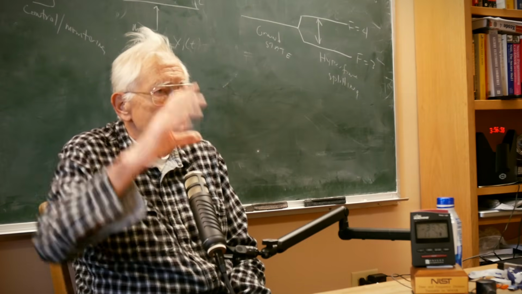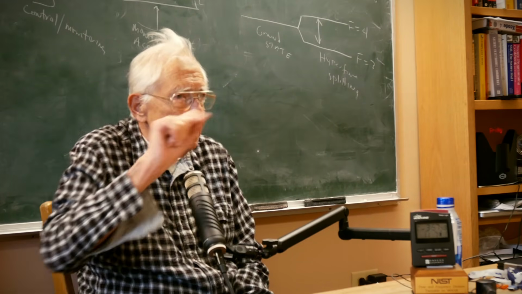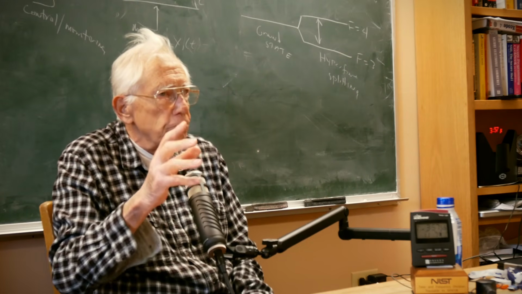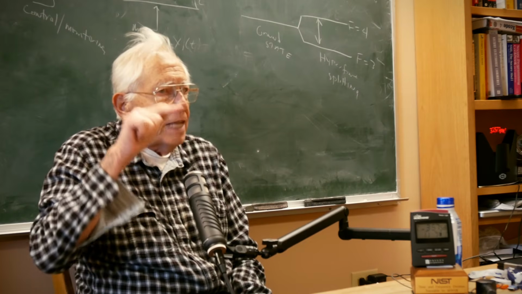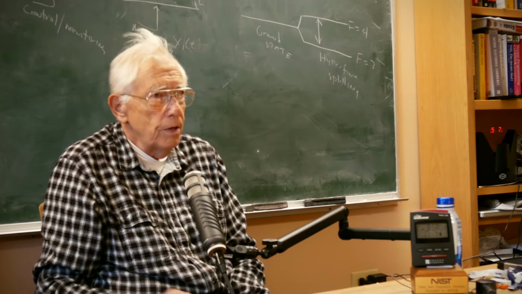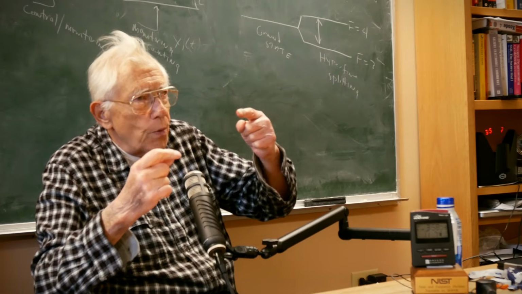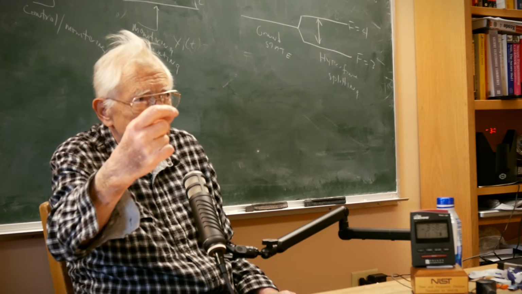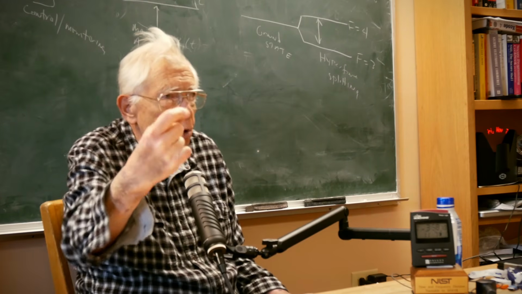So you run the beam through a magnetic field and you filter it. If you make the magnetic field just right, the atoms in the state that you want get through, and the other atoms are deflected out. So all the atoms go into the magnetic field, but only the good guys come out. And the good guys are the ones in the lower state.